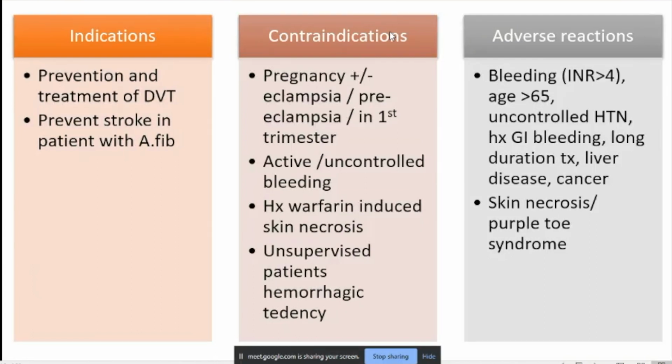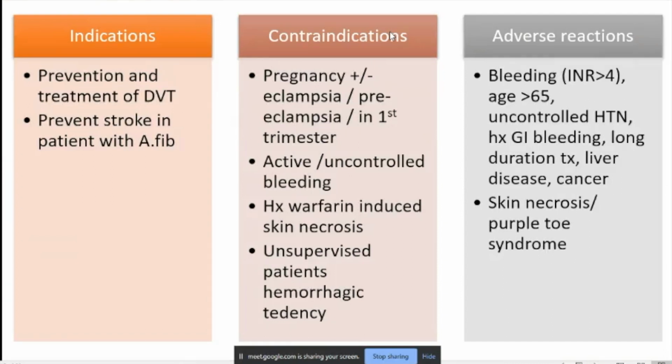Now, if the patient has a history of warfarin-induced skin necrosis, we have to be very careful when we use warfarin in that category of patient. We are all aware of purple toe syndrome, one of the adverse reactions of warfarin. We'll be discussing that later. And if the patient is unsupervised, why? Because INR is one of the important things the patient has to do to monitor the warfarin response.